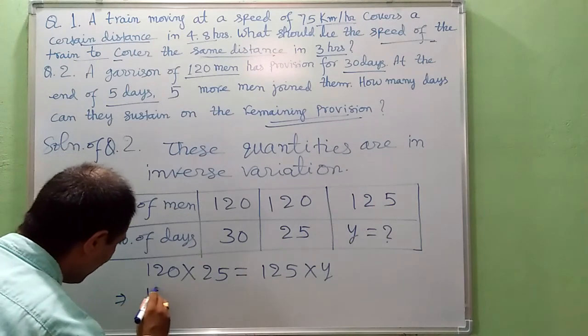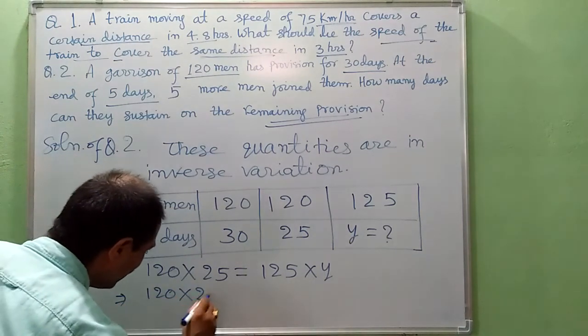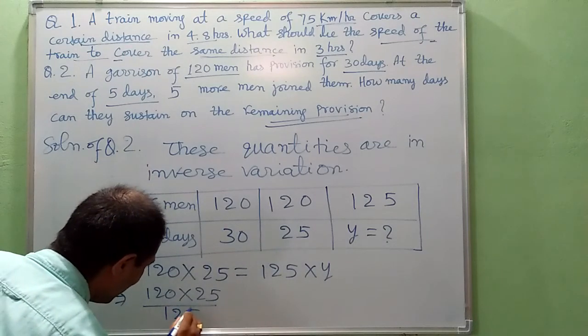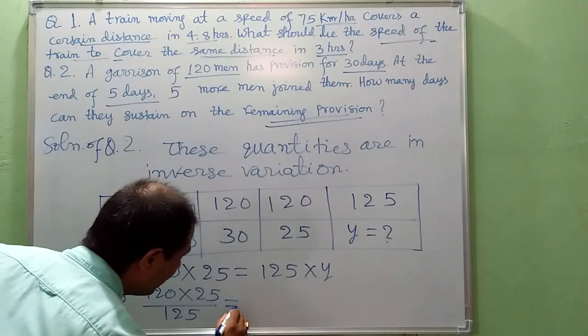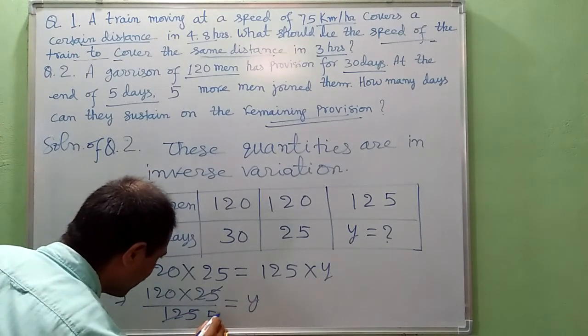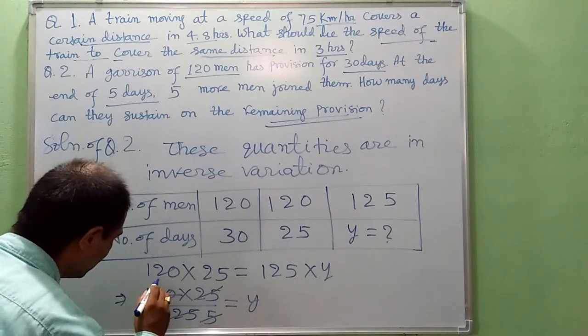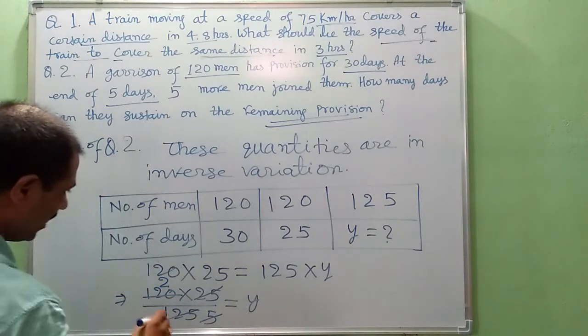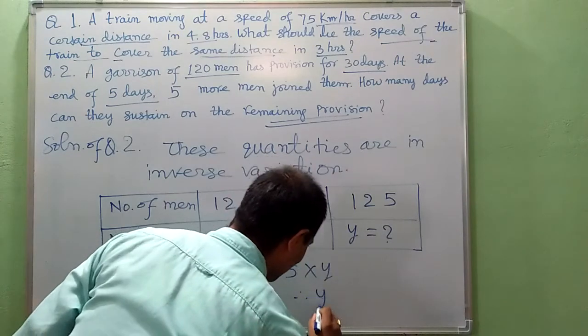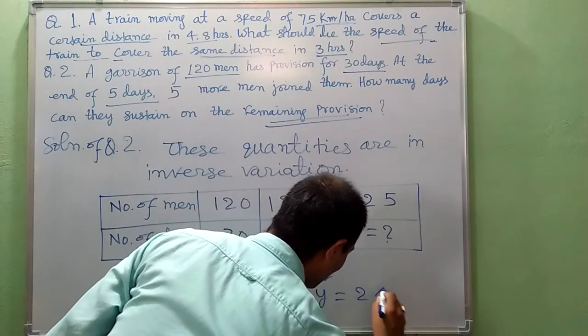Implies that 120 into 25 by 125, by transposing, is equal to y. 25 5s are 125, 5 2s are 10, and 5 4s are 20. Y is 24. Hence, y is equal to 24.